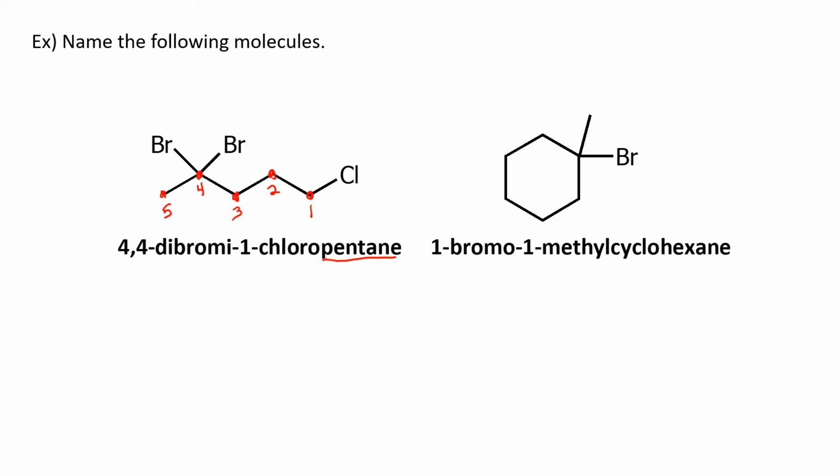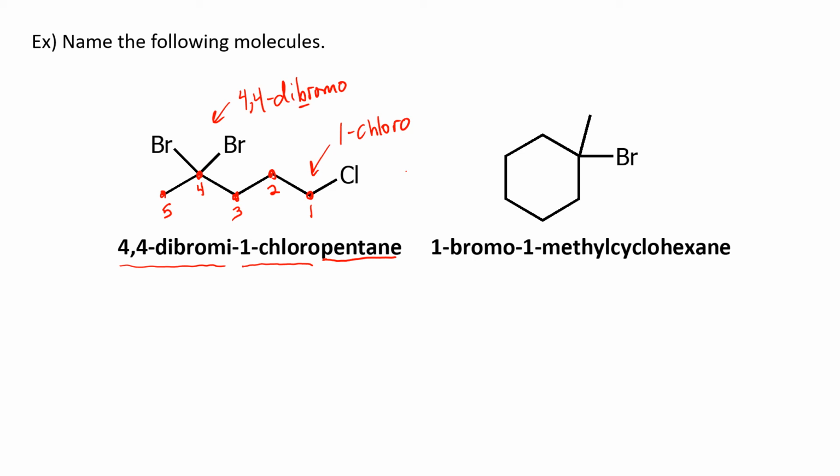And when we build our name, we have 2 bromines, so that's a 4,4-dibromo here. And we're looking at the B versus the C, and a 1-chloro. So to build our name, it's a 4,4-dibromo-1-chloropentane.